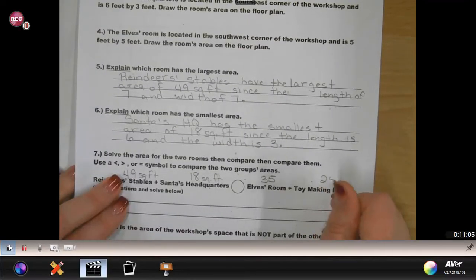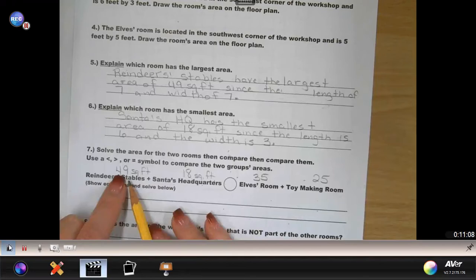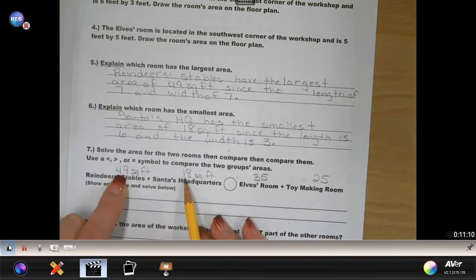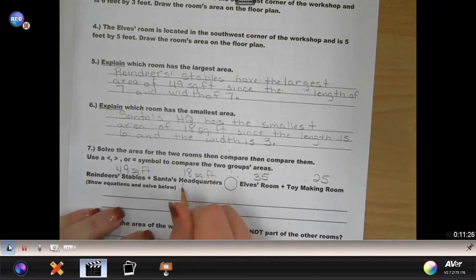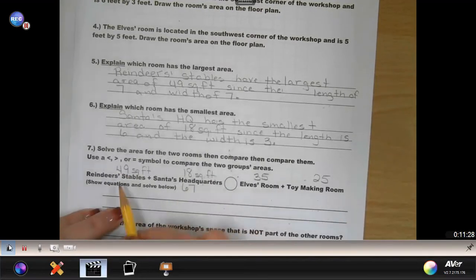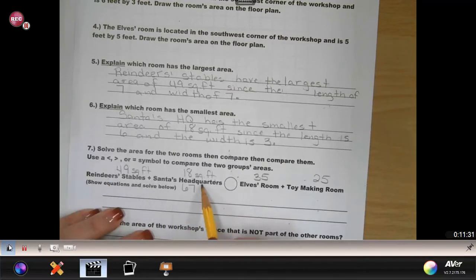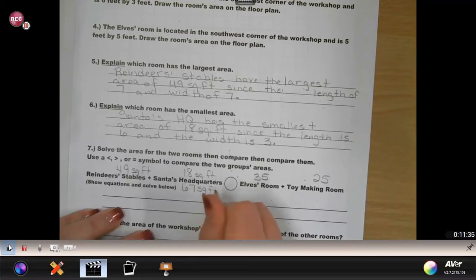And the toy making room is 25. So if I take 49 and add 10, that would be 59. And then if I add another 10 and then take 2 away, so 59, 69, take 2 away, that would be 67. So together, the reindeer stables and the Santa's headquarters make 67 square feet together.